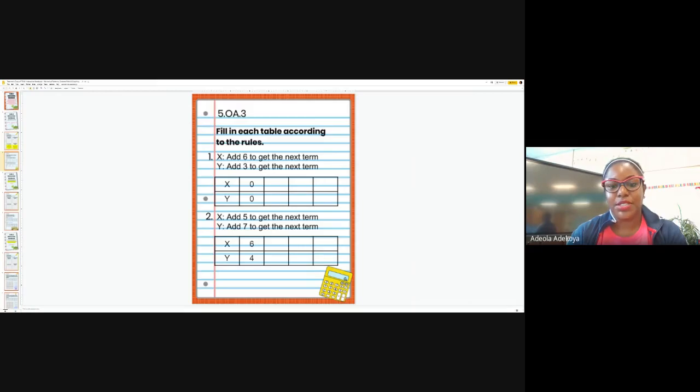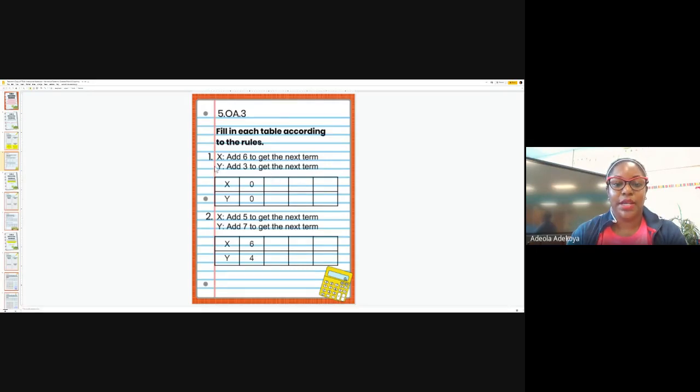For instance, here it says add 6 to get to the next term for my x, it means I'm starting off with 0 and I'm going to add 6 here. My next number would be plus 6, which would make this 12. My next number after that would be plus 6, which would make it 18.